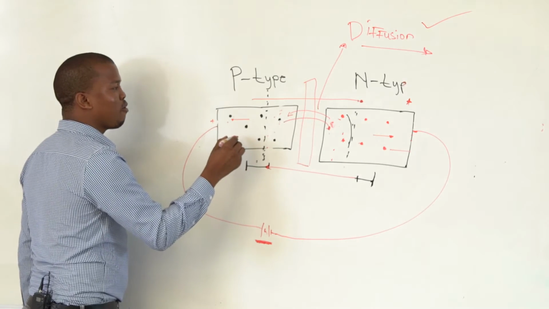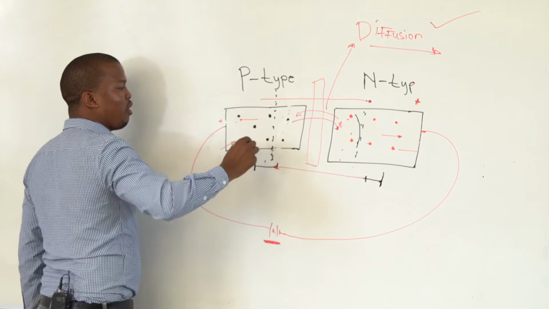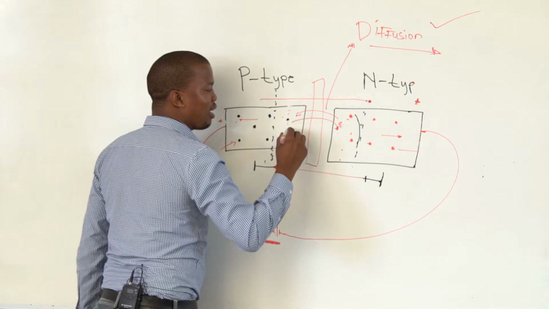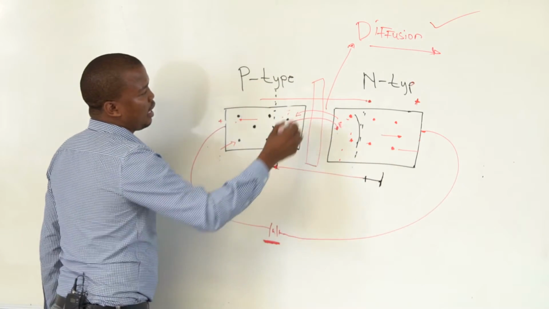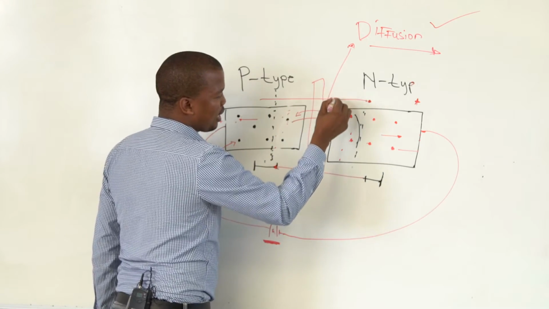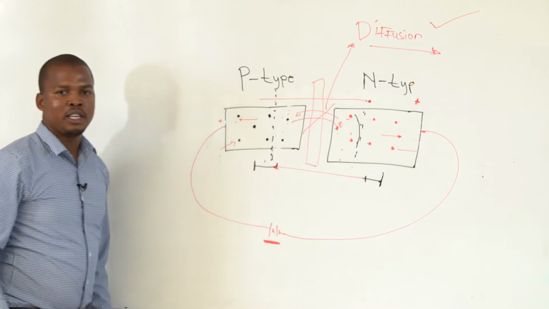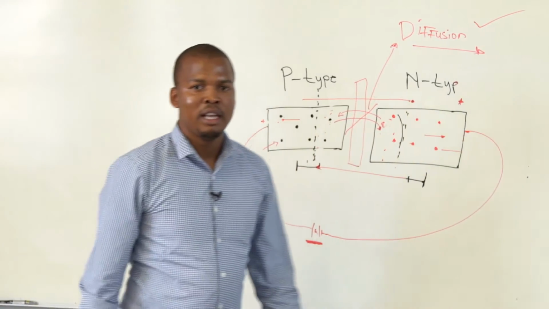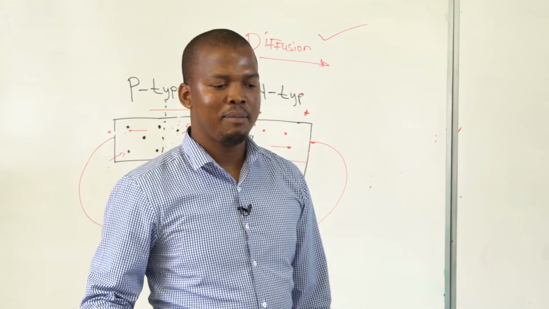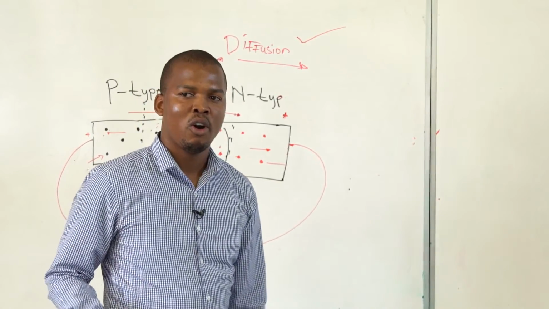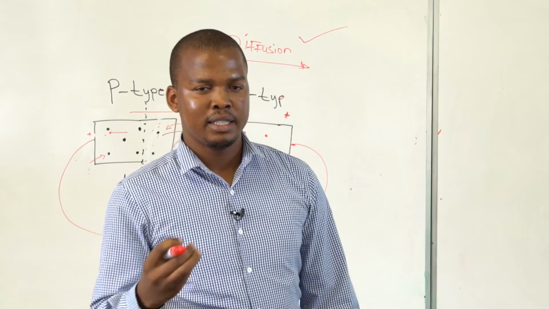There will be a high volume of negative charge forced to move from one side to another. In this case, this junction here will break, forcing the PN junction to be dysfunctional. So that's one of the limitations in operation of a PN junction.